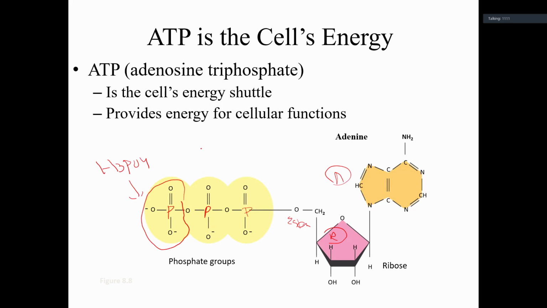And how can you write this H3PO4? Like this one: OH, OH, and OH. And then there is another one: OH, OH, and OH. Then these OH groups will make a bond.